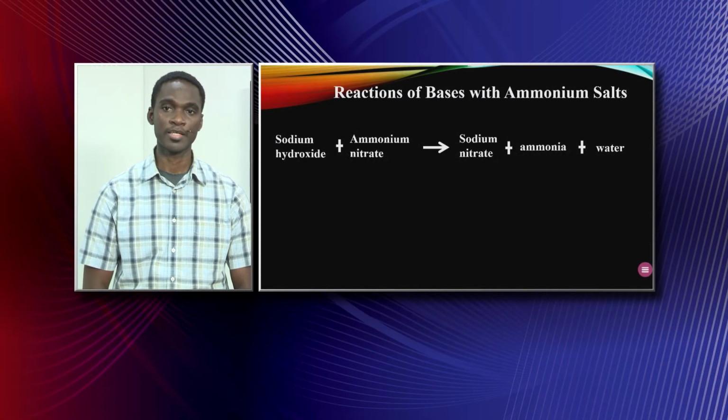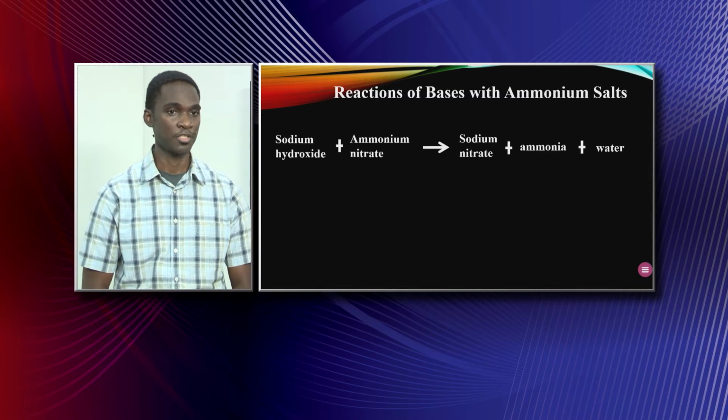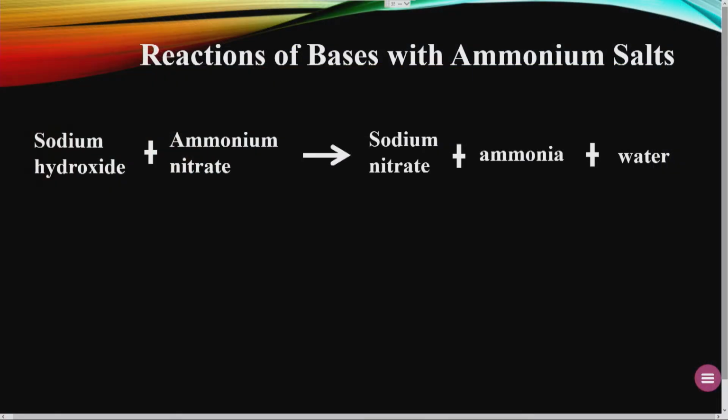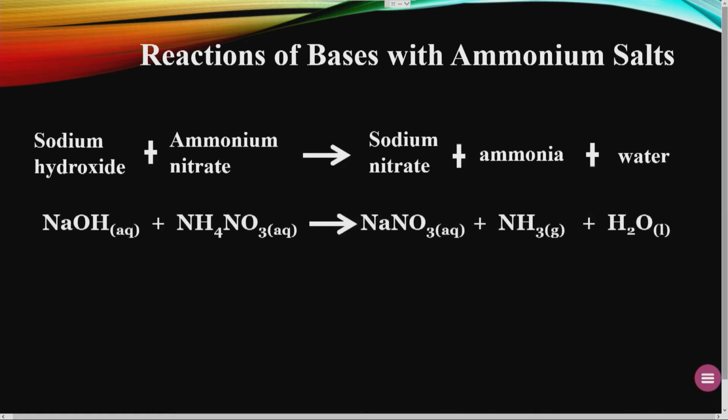And for a final reaction, we continue to use sodium hydroxide plus ammonium nitrate to give us sodium nitrate and ammonia and water. The symbol equation would give NaOH plus NH4NO3 to give us NaNO3, the salt, NH3 ammonia and water.